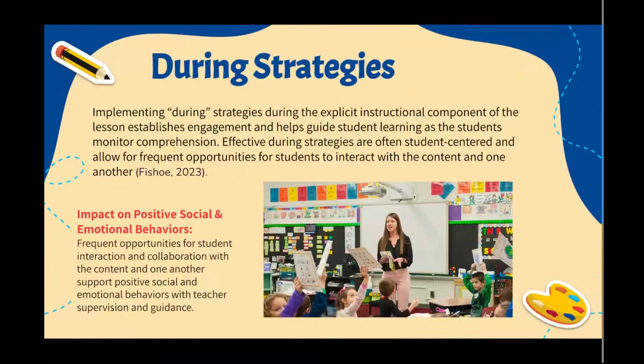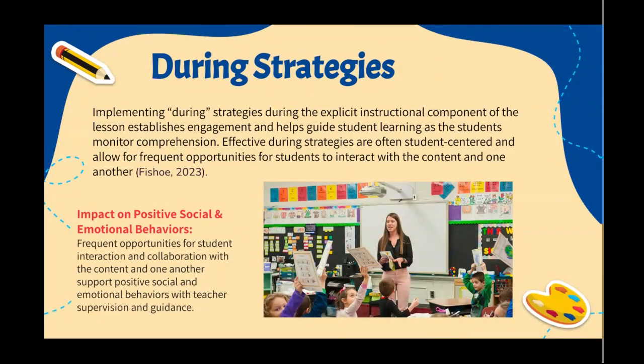Your during strategies are going to come during that explicit instructional time. So thinking back to that Tier 1, very explicit, where you establish the engagement for students that's going to help guide them through their learning, as well as monitoring comprehension. Effective during strategies are going to be very student-centered, and they allow frequent opportunities for collaboration and interaction with the content, the teacher, and one another.